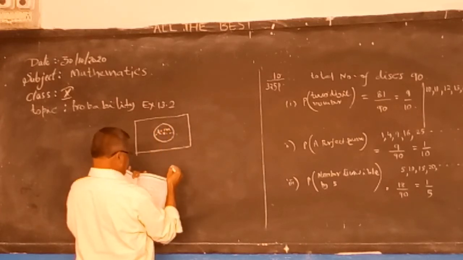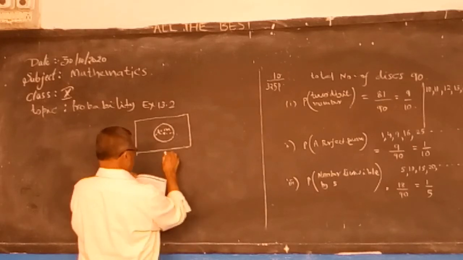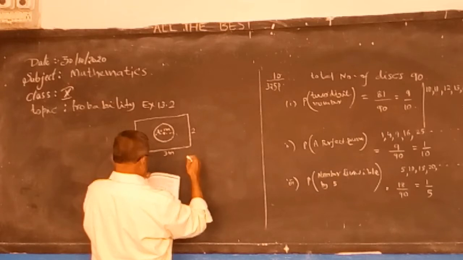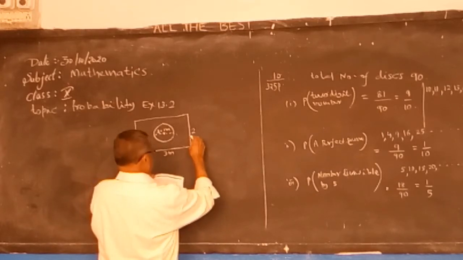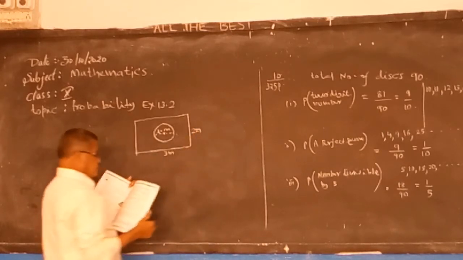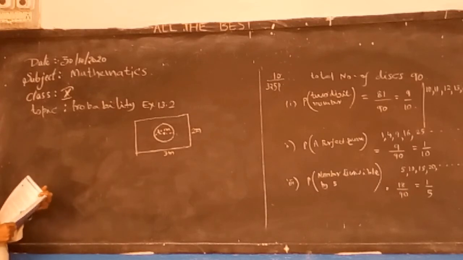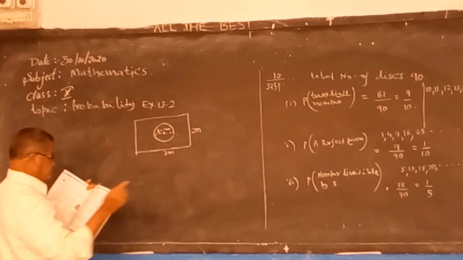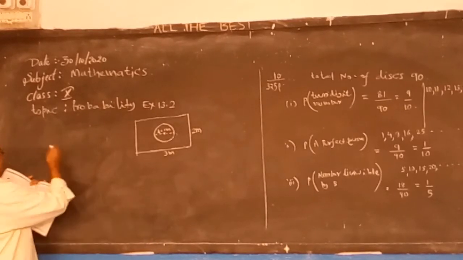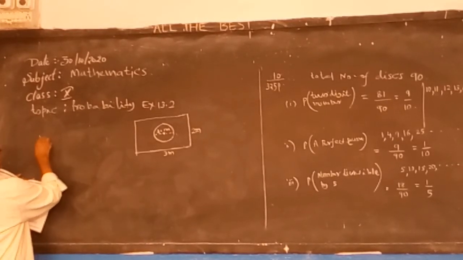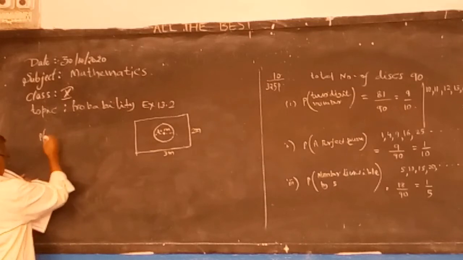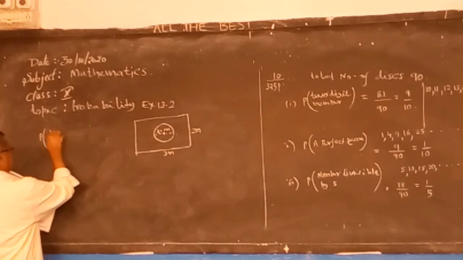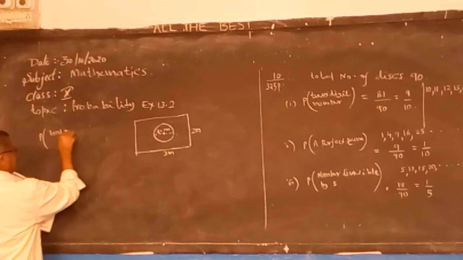And the length of the rectangle is given as 3 meters, and the breadth of the rectangle is 2 meters. Find the probability that it will land inside the circle.